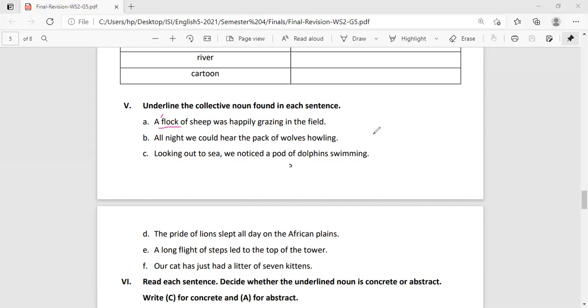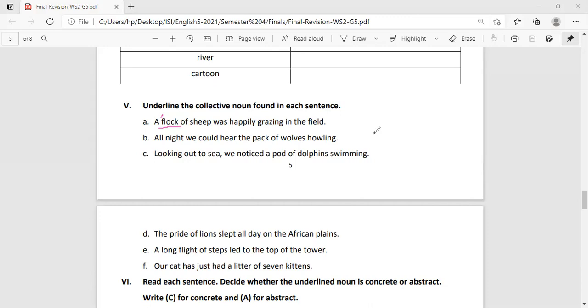Letter B. All night we could hear the pack of wolves howling. And the sound that they make at night is called howling. So all night we could hear the pack of wolves howling.